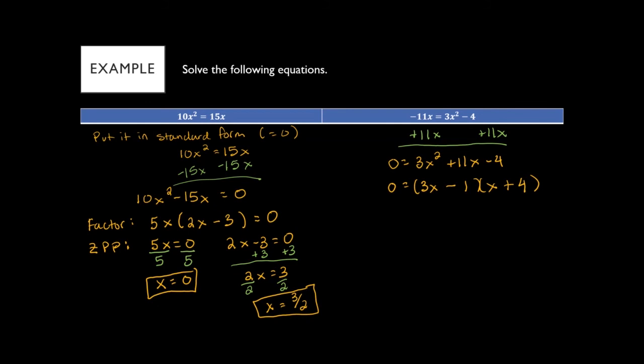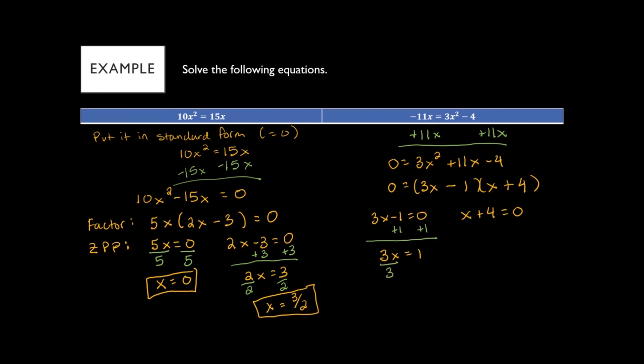So once you've factored it, then you're going to set each factor equal to 0. So I have 3x minus 1 equal to 0, x plus 4 equal to 0. And then you're going to solve each of these. So I'm going to add 1 to both sides for the 3x minus 1. So this gives me 3x equals 1.